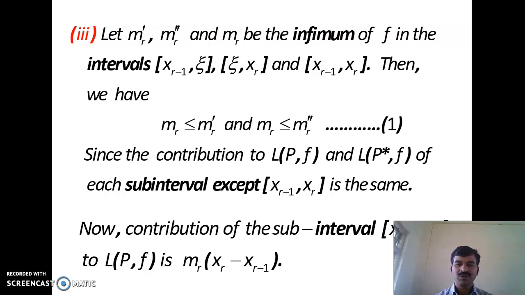Now the contribution of the subinterval [x_{r-1}, x_r] to L_P of f is m_r into (x_r minus x_{r-1}).